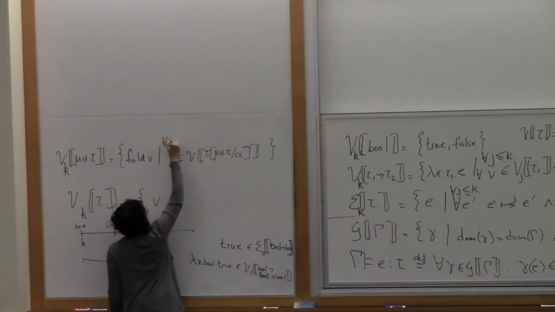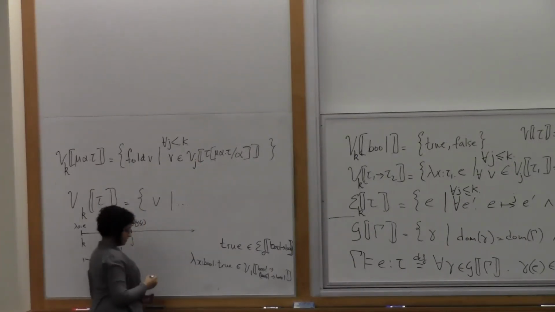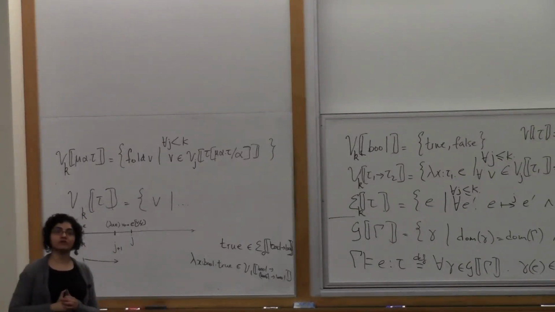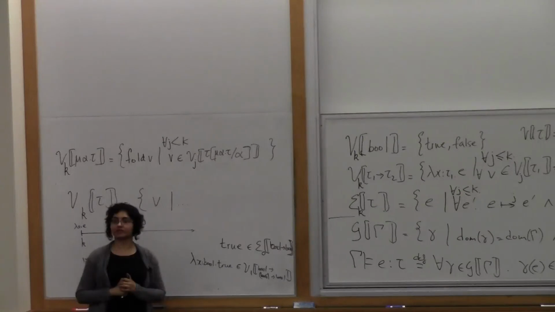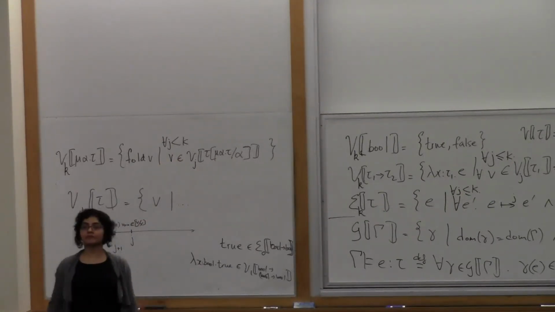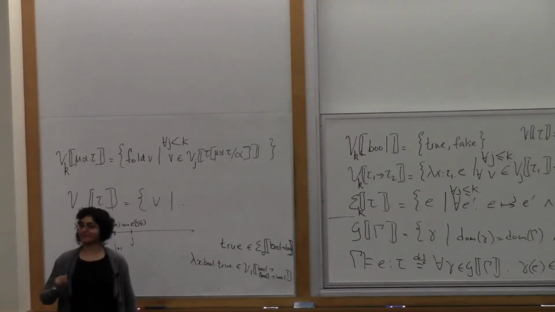So I'll just say for all J strictly less than K, V belongs to the bigger type for J steps. You could even put K minus 1. Yes, absolutely. So you could put J strictly less than K, or you could just put K minus 1. If you put K minus 1, you have to be a little bit careful in the proof later on. That's all.